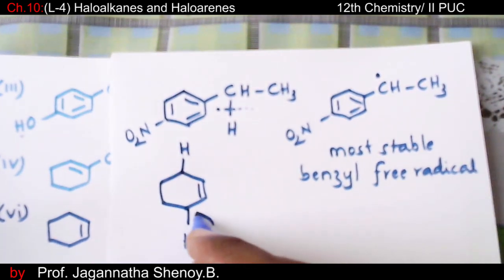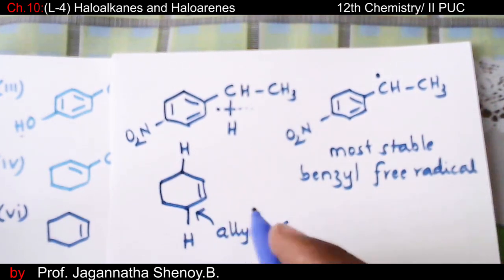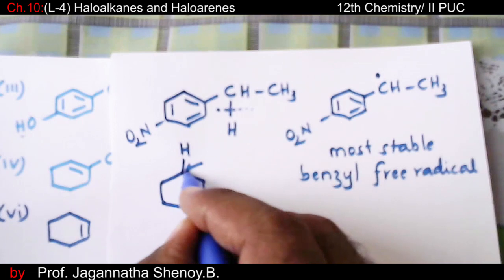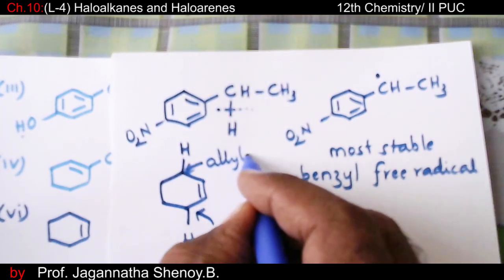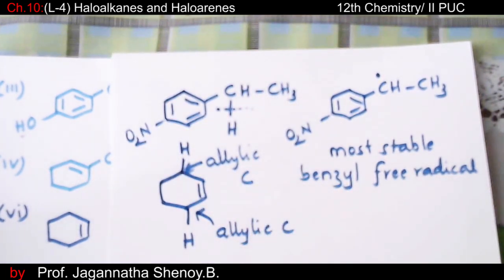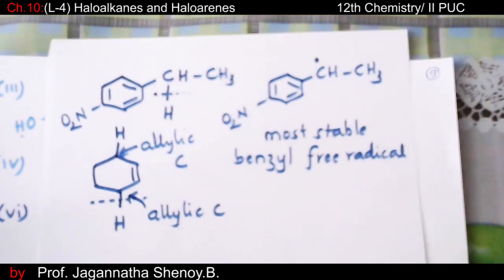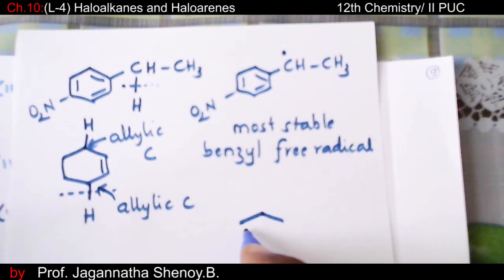So this is an allylic carbon, and this is also an allylic carbon. And you know that an allylic free radical is more stable. So I'm going to go for homolysis of the CH bond of the allylic carbon. This results in the formation of a more stable allylic free radical.